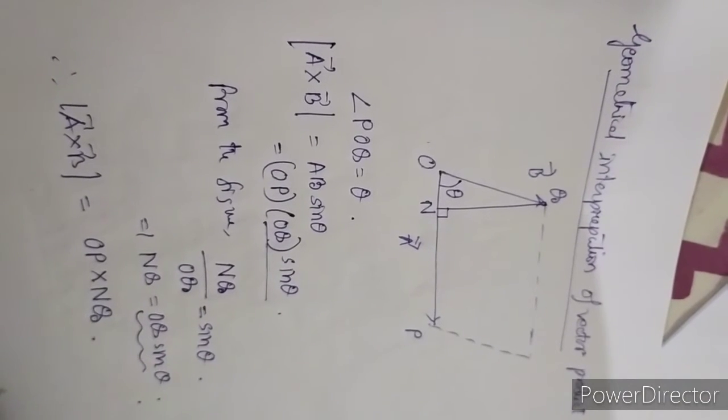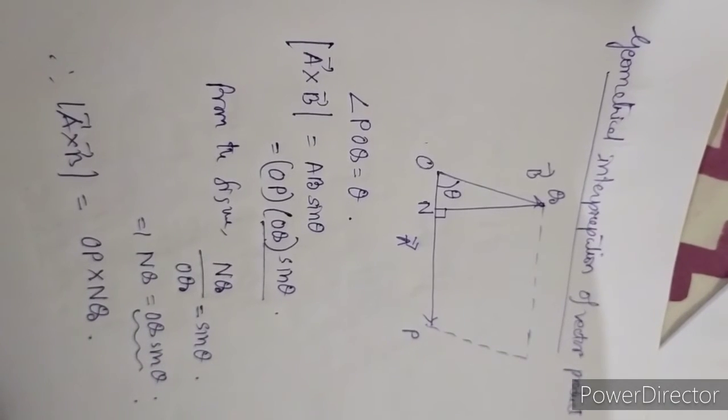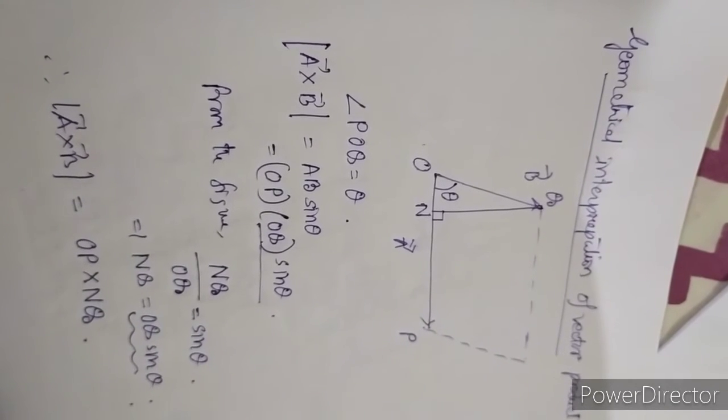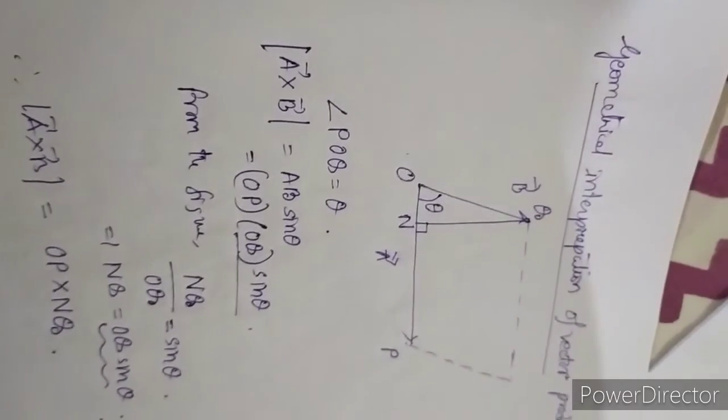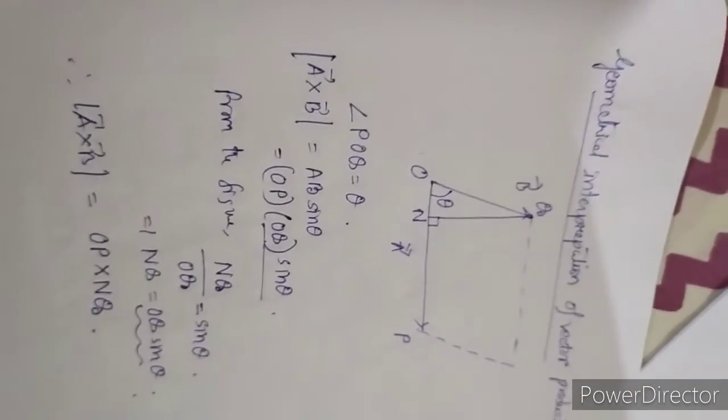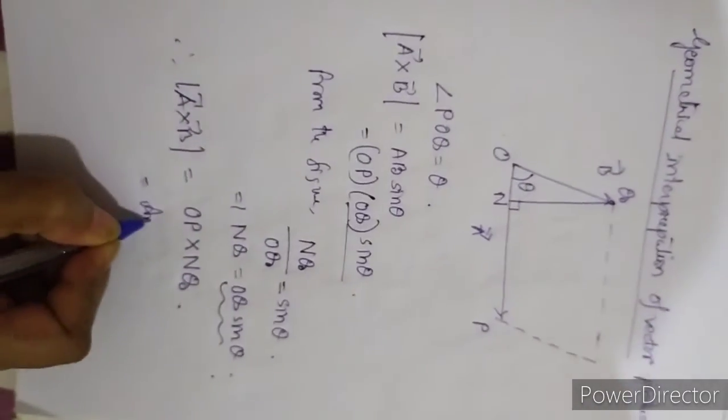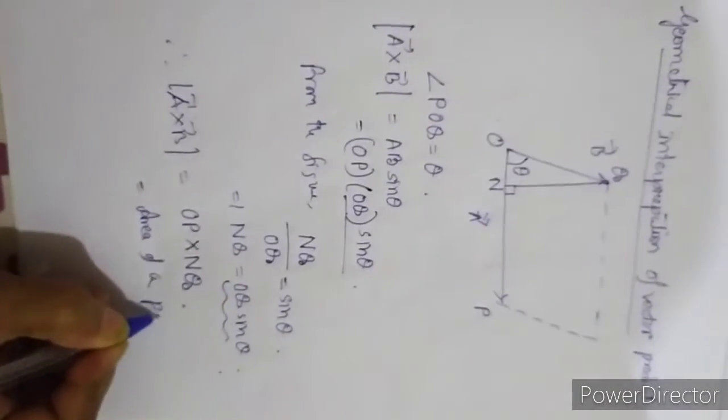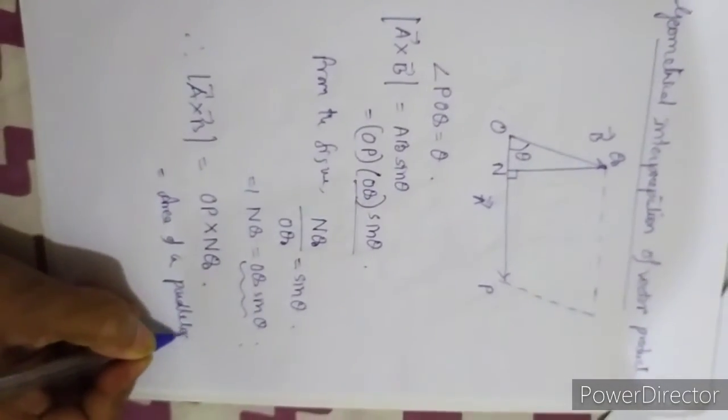If I multiply OP and NQ, what will it give us? Length into breadth, so it will give us the area of the parallelogram.